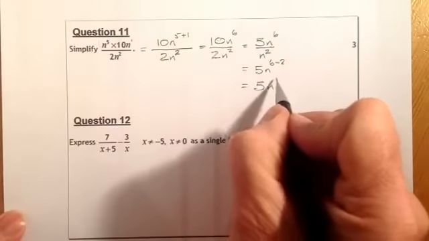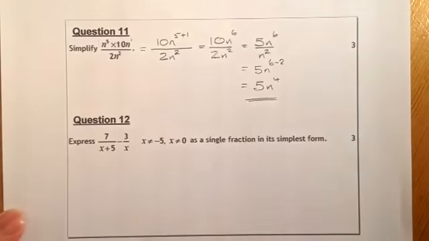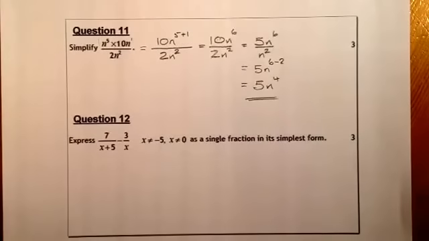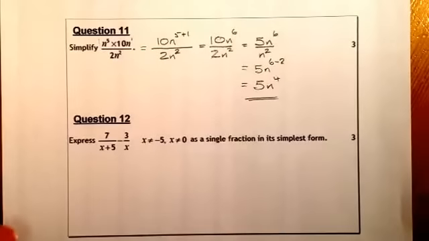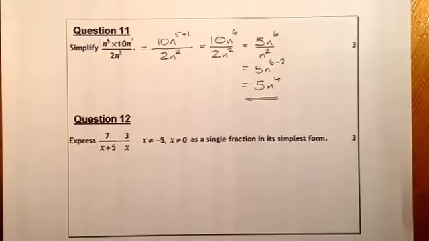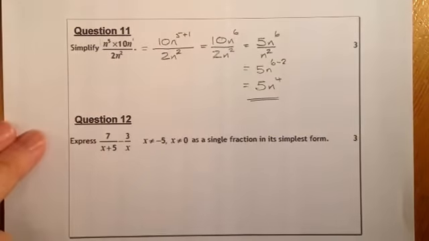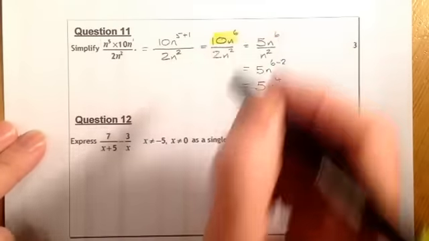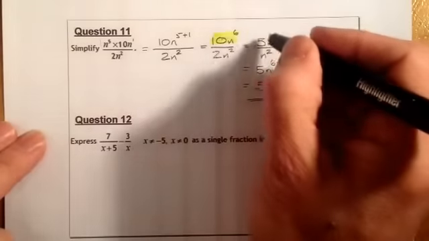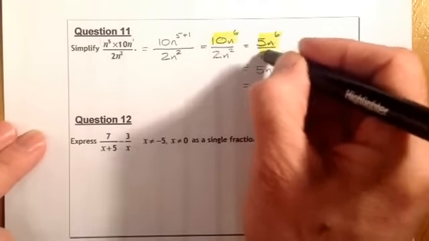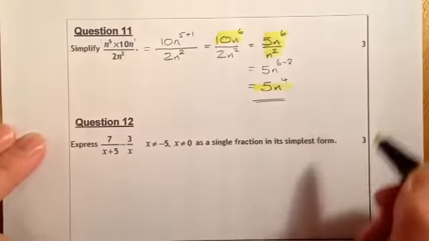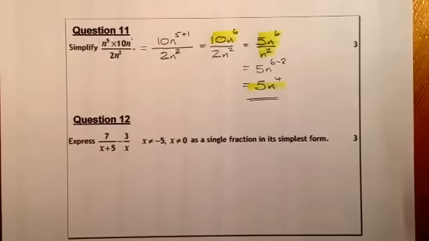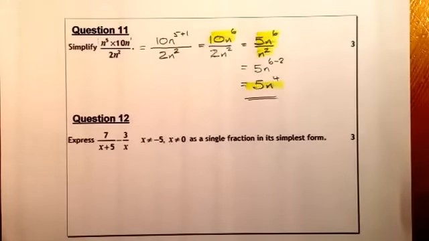So 5n to the power of 4 is going to be my final answer. Right, so to get our marks for this question, the first mark is going to be for multiplying out the top. I'm then going to get a mark for simplifying it down to here, and then finally a mark for getting the final answer that's there.